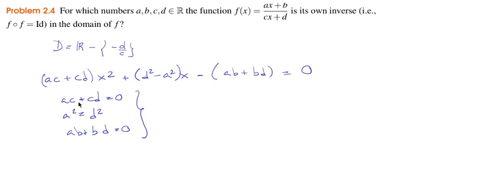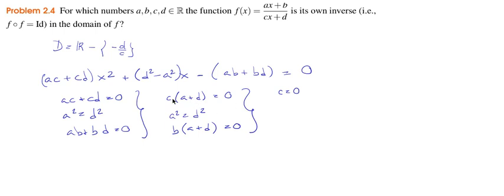Now we can factor out c here, a plus d, then we have a squared equals d squared, and factor out b, so we have a plus d. As you can see, for the first equation to be 0, there are two possibilities: c is equal to 0, or a plus d is equal to 0.